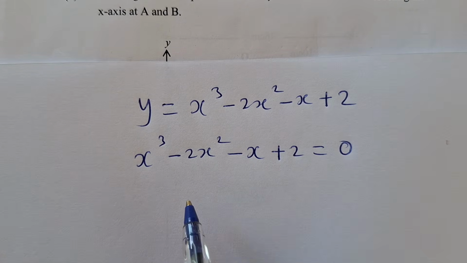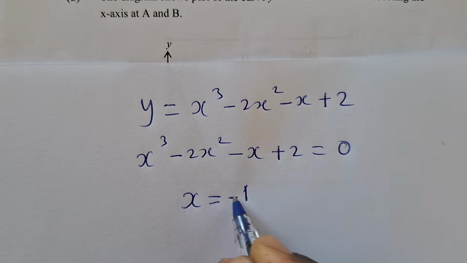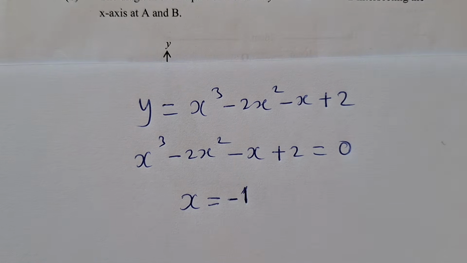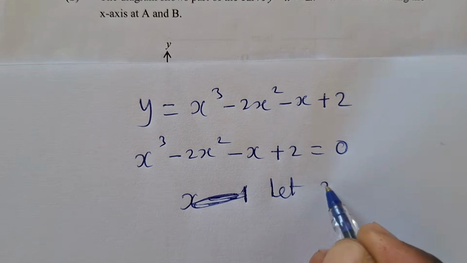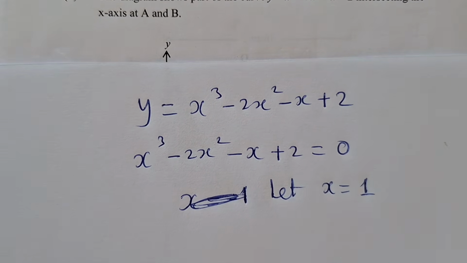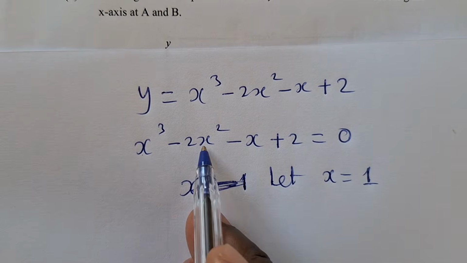I'll first start by testing. I'll try if x equal to -1 can be my solution, or x equal to 1. Okay, let me start with, let me say let x be equal to 1. Let me see if it's a solution. So I'll put it here, here, and here.